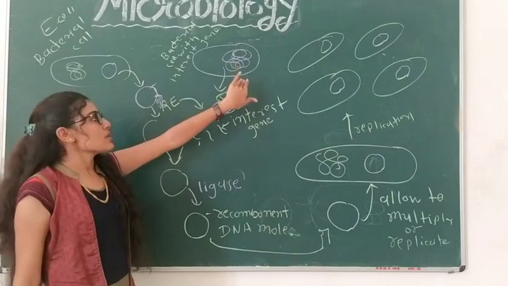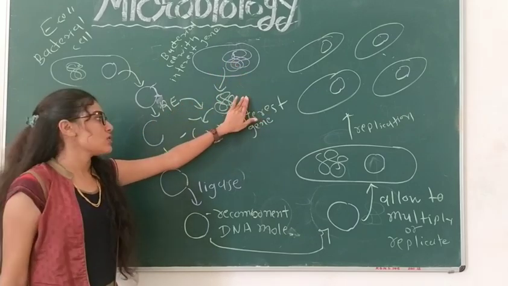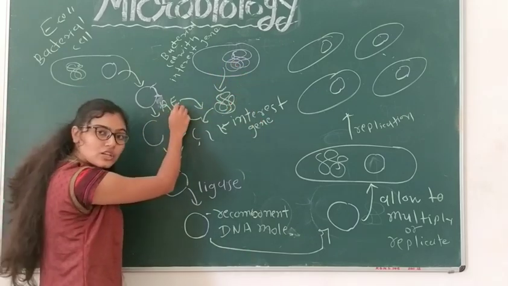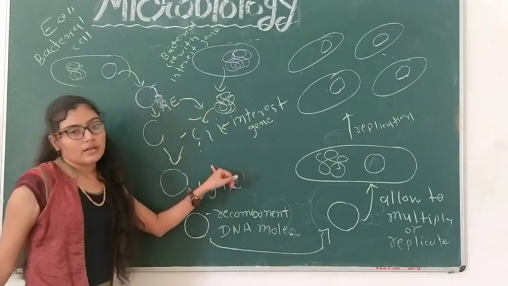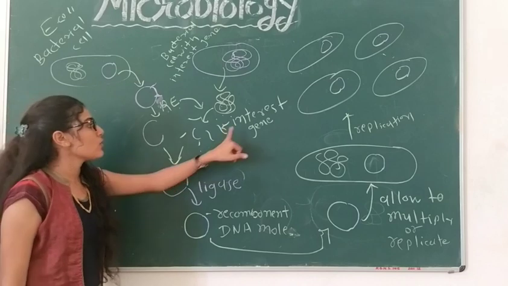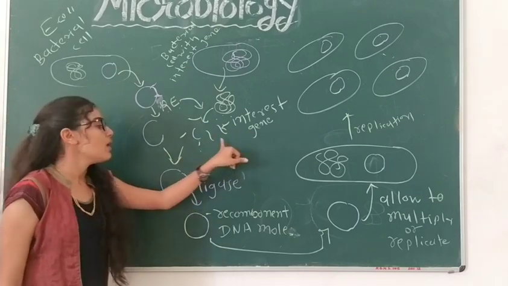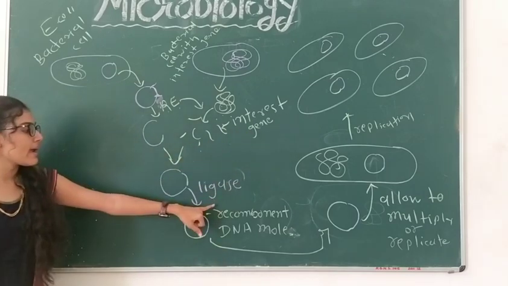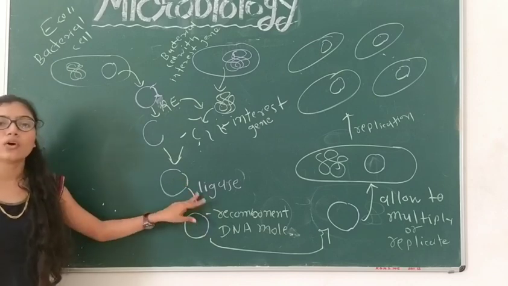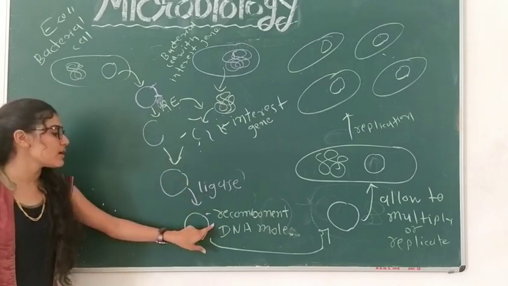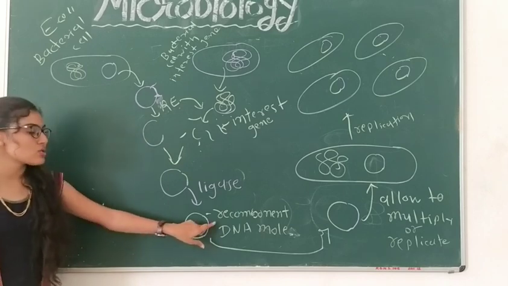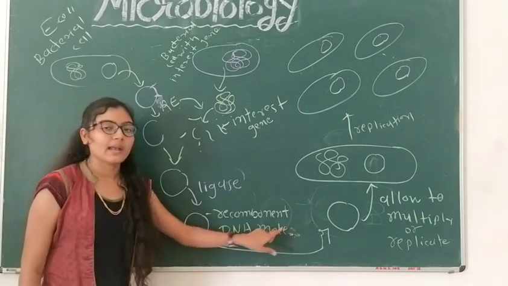First of all isolate the genetic material. After isolation we will use the same restriction enzyme for the fragmentation of genetic material. Now we have our interest gene in fragment form. After that we will use ligase enzyme to recombine both genetic materials. It will form a hybrid form. Two DNA materials will be hybrid and mixed together and it will form recombinant DNA molecules.